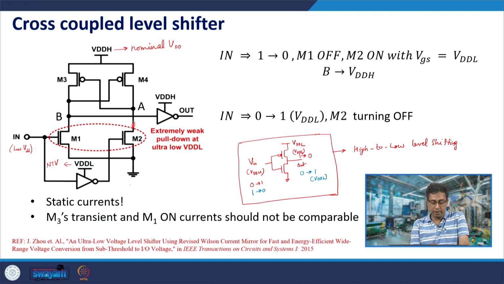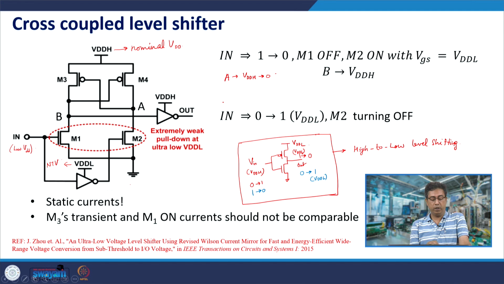M2 is pulling this down because its gate voltage is now VDDL, but M4 is on because of the previous state. The previous state was that A was VDDH. So, here A is turning from VDDH to 0.